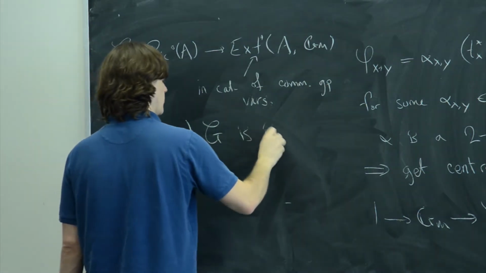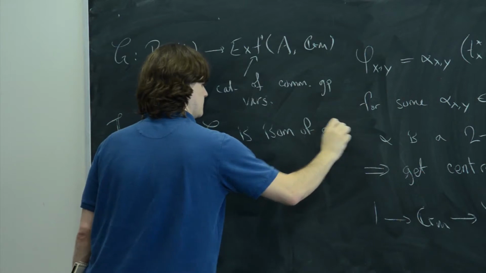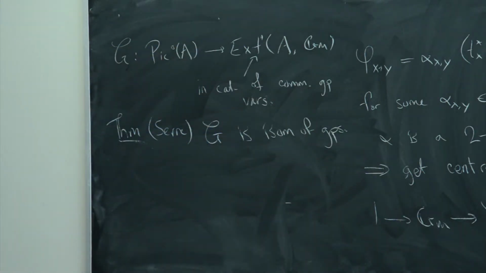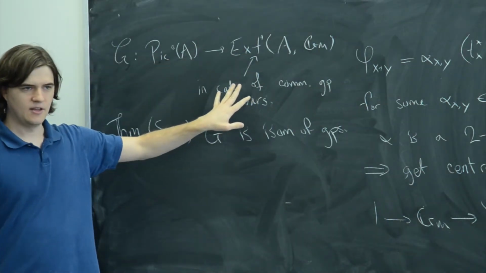G is an isomorphism of groups. The thing on the left and right are just individual groups: this is just the group of line bundles on A, and this is just the group of extensions.